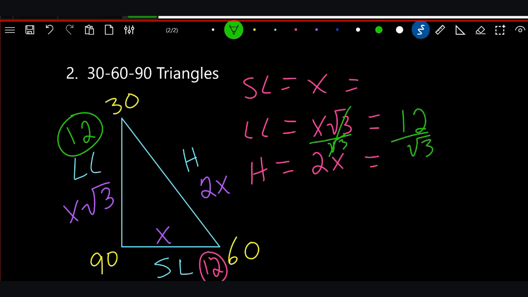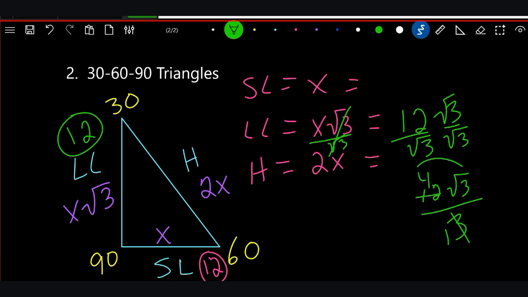Well, we can't leave it like that because we have to rationalize the denominator. So when we do that, we get 12 square root of 3 over square root of 3 times square root of 3 equals square root of 9, which solves out to 3. Now we can reduce that to 1 and 4. So there it is. 4 square roots of 3 is our answer.